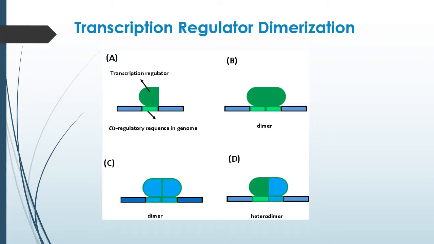In figures B, C, and D, you will find the dimers and the heterodimers that are facilitated by the transcription regulators. Again, in figures B, C, and D, transcription regulators are forming dimers and heterodimers.